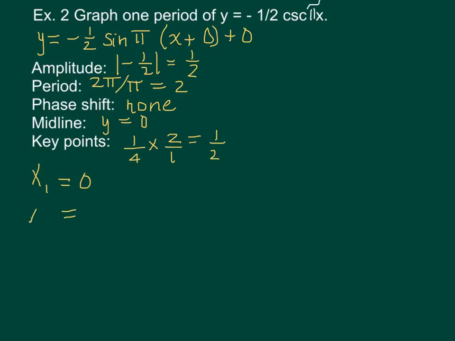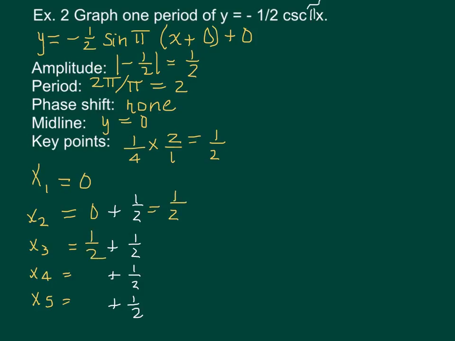So I am adding 1/2 each time. So my second X value is 1/2. My third is 2/2, or you can reduce it. Then 3/2, and then 4/2.